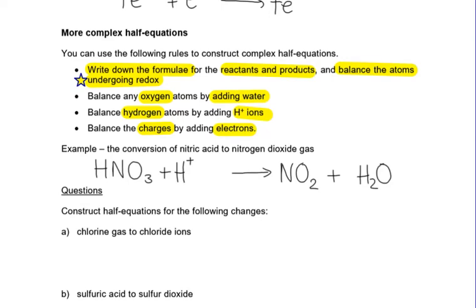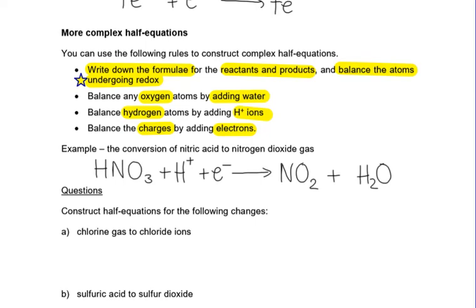And now I need to balance the charges. And there are no charges on the right, but a 1+ charge on the left. Now remember, all you've got is electrons, which are negative, and they are going to reduce positives down. So I need to get +1 down to nothing, because the right hand side is nothing.